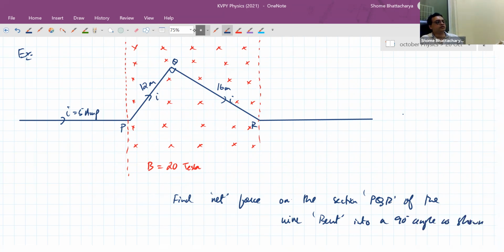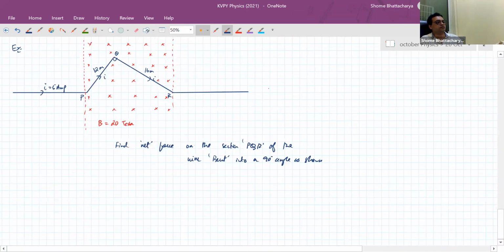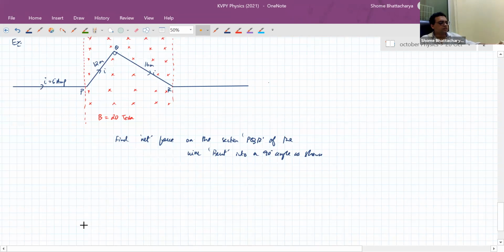So one way of doing the question is that we would individually find the force on each of these sections. And that's also feasible. There's nothing wrong with that. You can see that this section PQ, its length is, let's say, L1, 12 meters long.